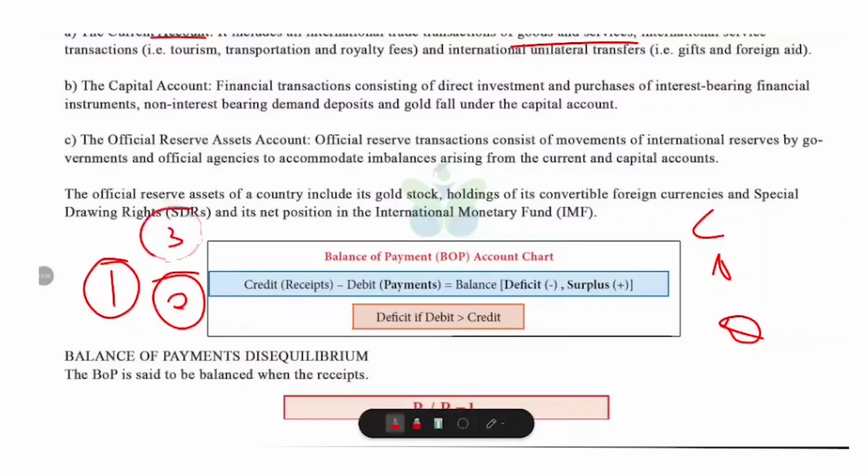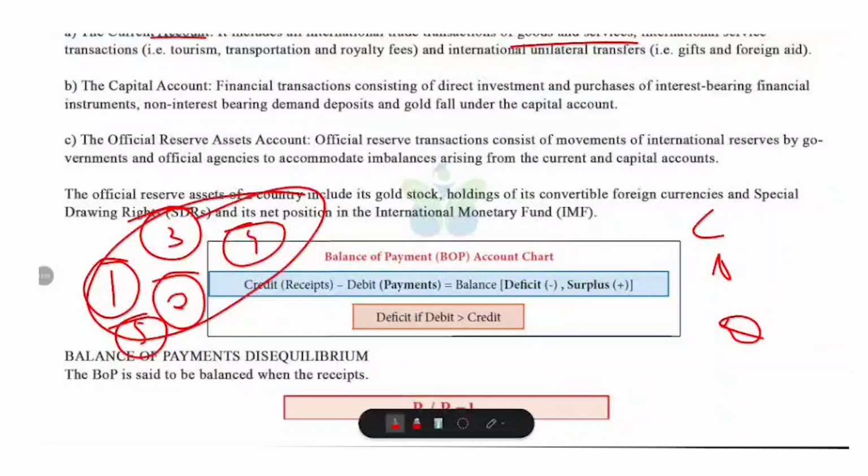Then borrowing from abroad, that means loans received from foreign governments or institutions. Then foreign direct investment, that is investment made by foreigners in domestic businesses. Then sale of official reserve assets or gold to foreign countries or international agencies. In all these things, money is coming into our country, so we are taking it as credit receipt.